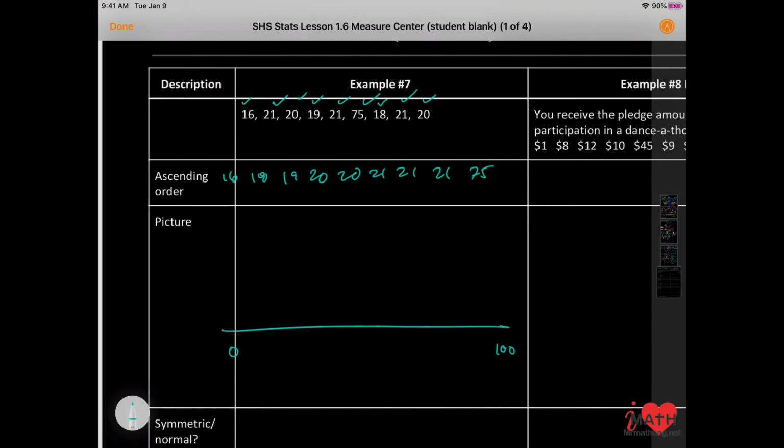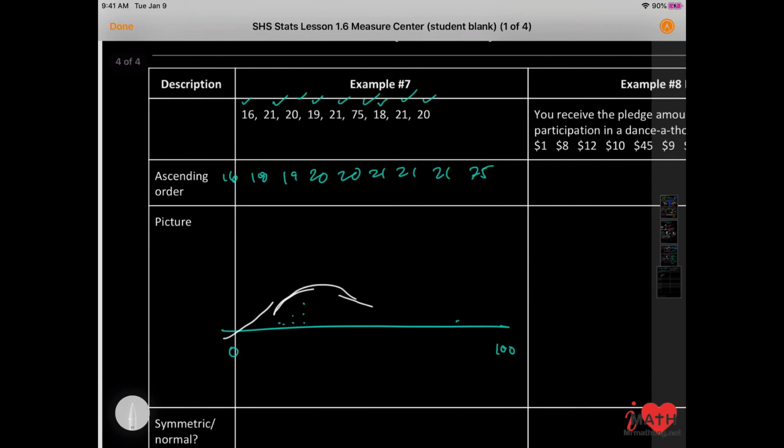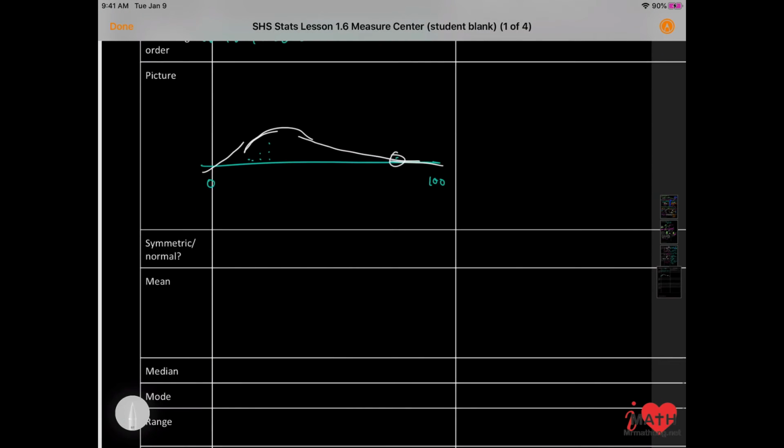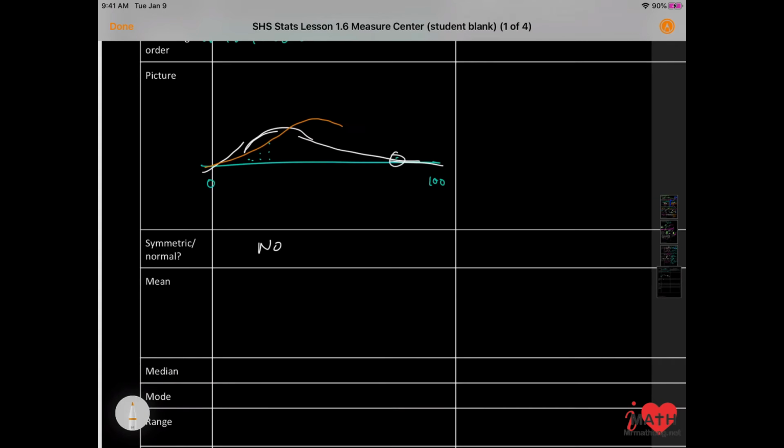You know, I have a bunch of numbers over here, right? 16, 18, 19, 20, 21, 21, 21, and then something way over here, 75. So my graph's kind of looking like that, right? It's being pulled there. Symmetrical? No. If it was symmetrical based on what we did, it'd be something like this. The bump would be right in the middle.